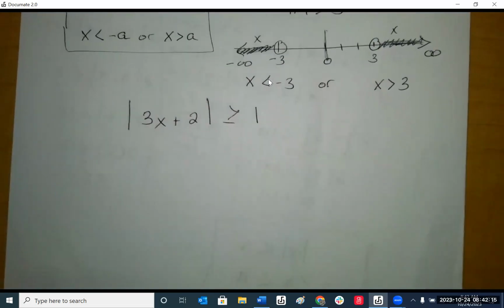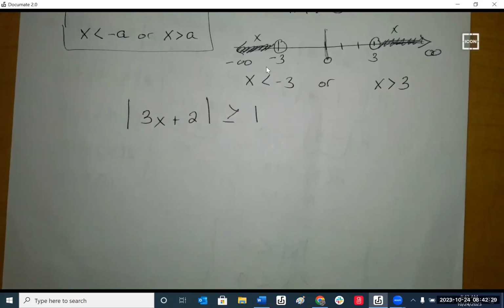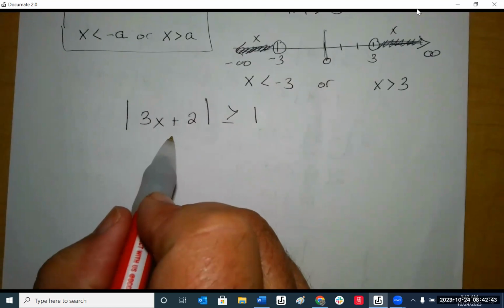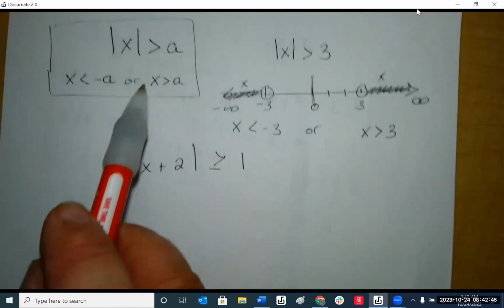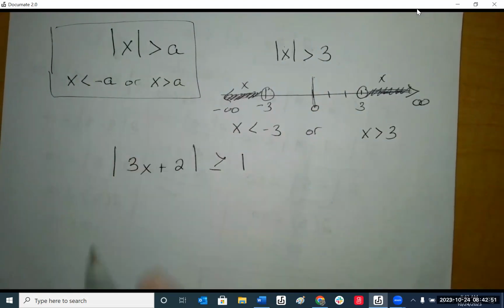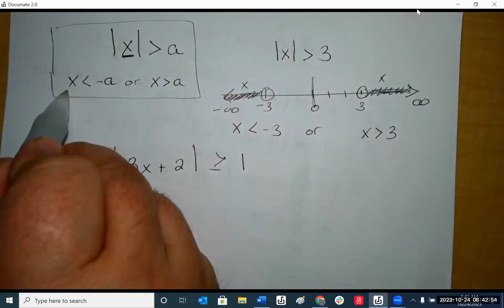Let's see that one. Okay, the absolute value is isolated. So looking at our formula up here, since it's a greater than sign, we're going to have two possibilities. We're going to have whatever's inside the absolute value will go here.